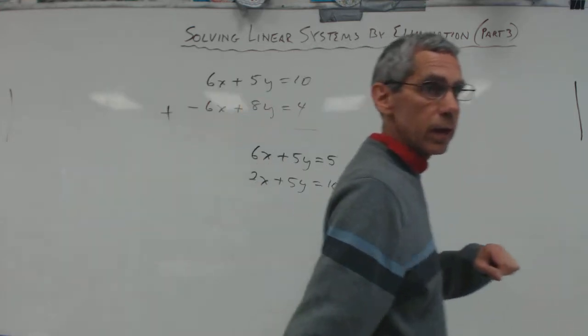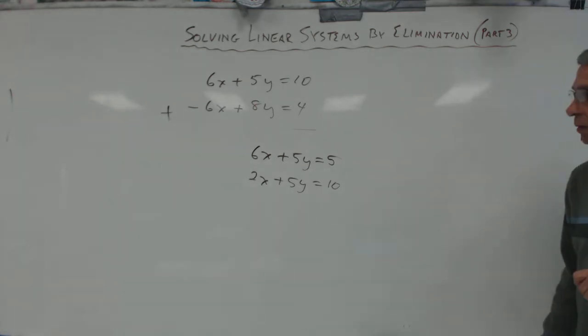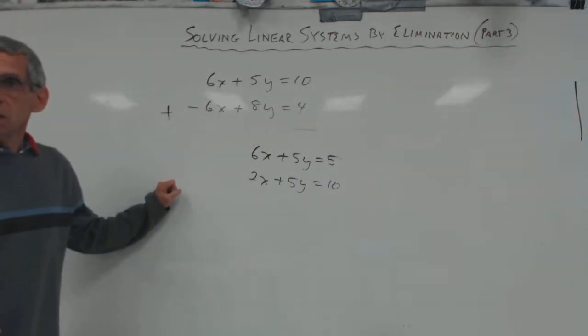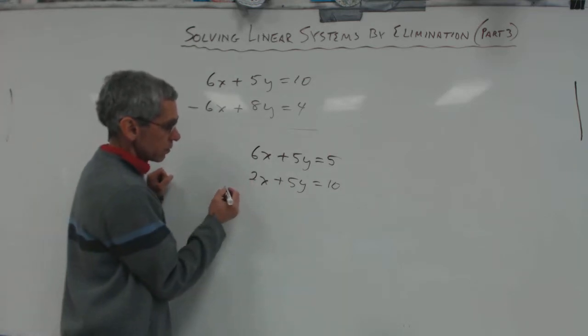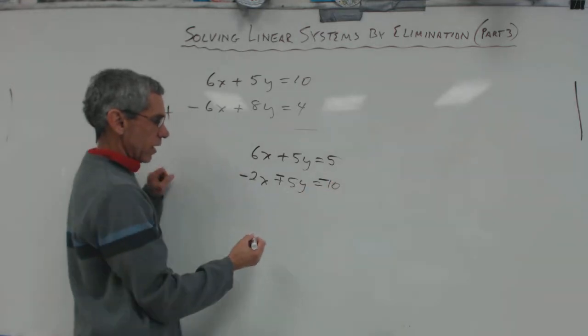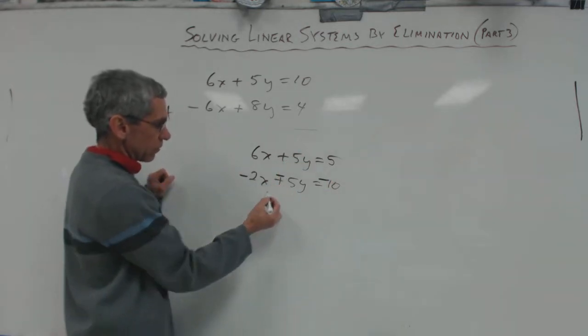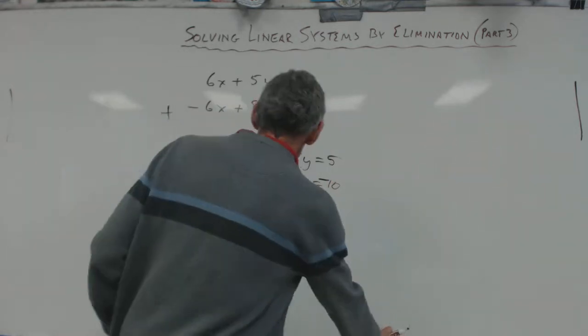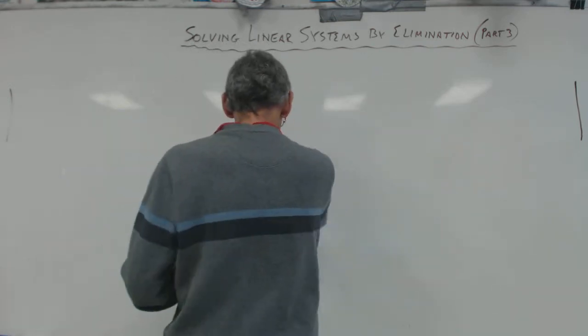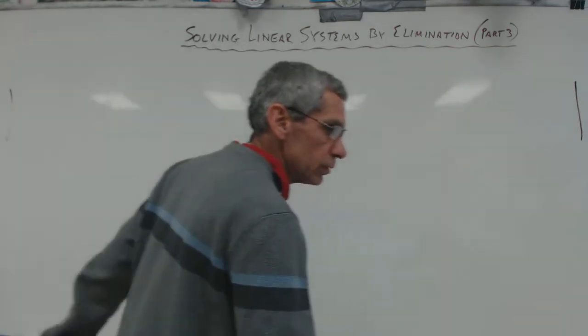Okay, Cassius, what would you do there? I'd add them and then cross out, or wait, I have to do the negative 1 parentheses, so that'd be negative 2x and it'd be negative, negative 5y. Yes. So then these cross out, right? Good, awesome.